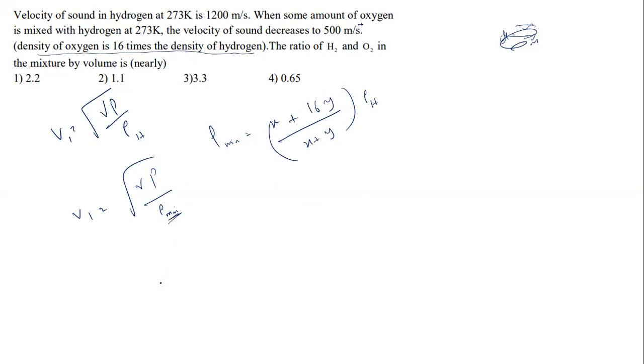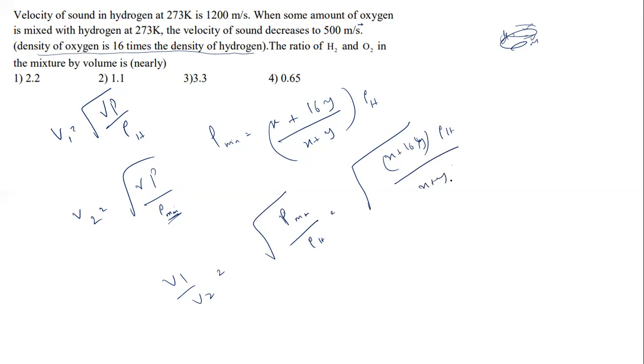Here is rho mixture. This is V2 we mentioned, so they are asking for V2, or the ratio. So what do you do, V1 by V2? Gamma p cancels. What do you get, under root of, reciprocal is there, rho mix by rho h, so x plus 16y by x plus y, rho h cancels.